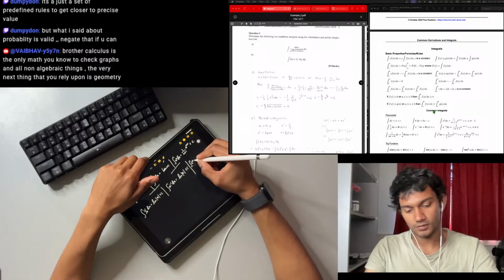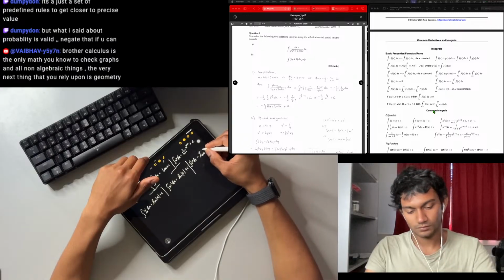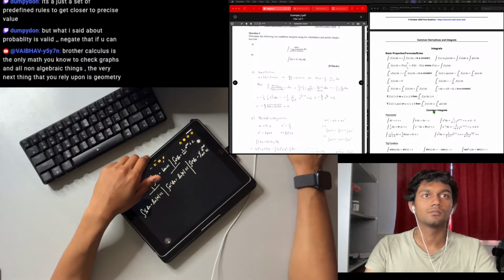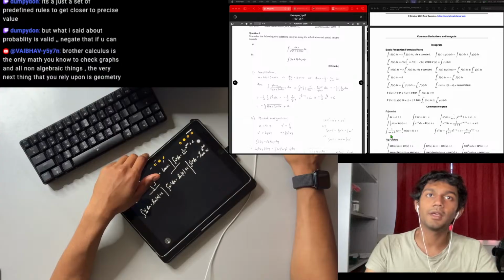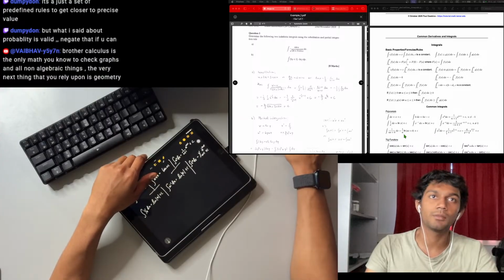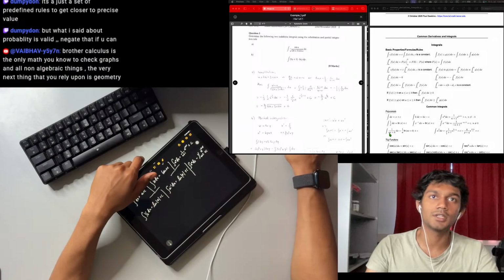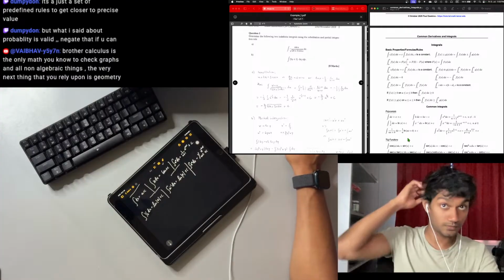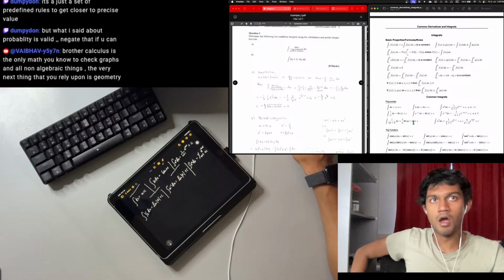Integral x raised to minus n d of x. Integral 1 by ax plus b d of x equals 1 by a natural log of ax plus b. Why is it only a? It's because a is connected to the variable.